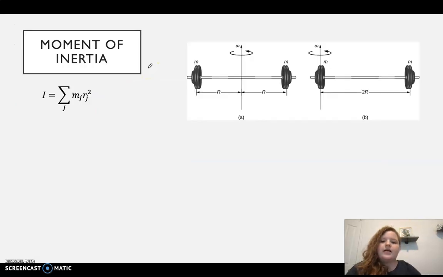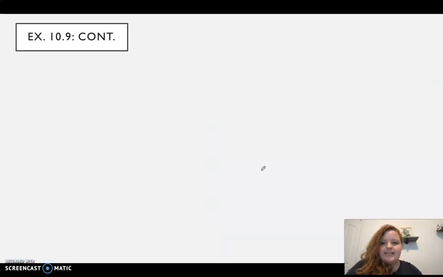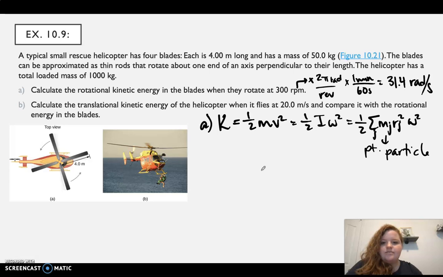So I'm going to go ahead and skip ahead because I put this in the wrong spot. We want a thin rod, and it is going to be about which axis? One end of the axis perpendicular to their length.